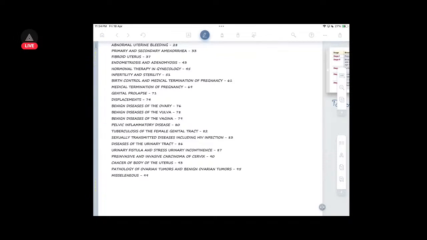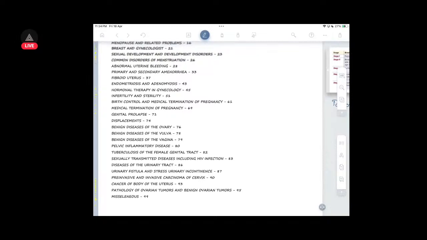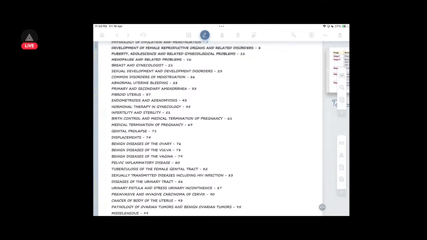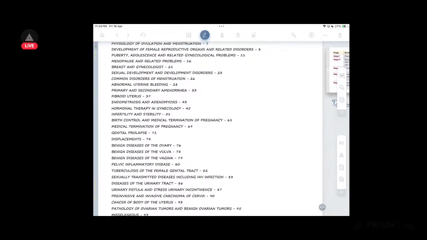STDs including HIV infection, urinary tract infections. I have to do all of this.